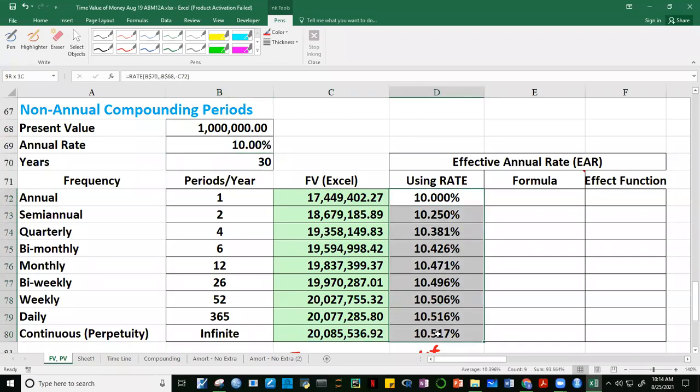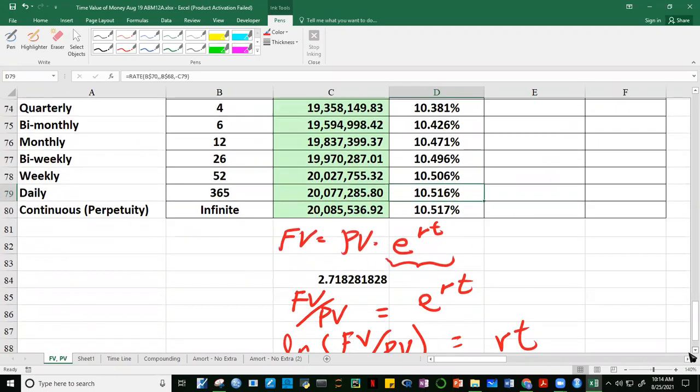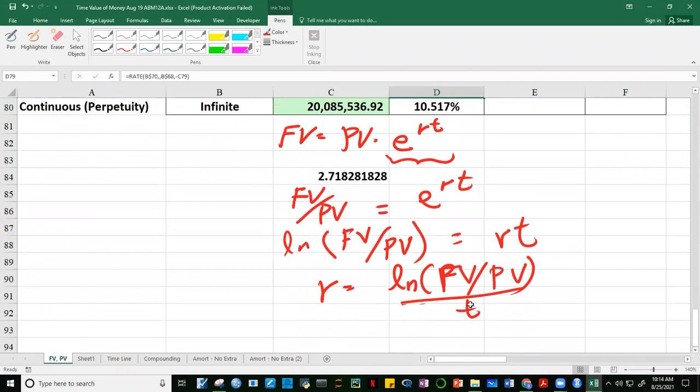Ang pinakamalaki syempre yung continuous, 10.517% as against 10.516% yung sa daily. For this scenario. Okay. So clear yun, guys. Apologies dito ha. Napakita lang natin dito na ang R natin dito is 10%, kasi yung sinolve ko lang yung R dito eh. So of course, we're going to get 10% there.